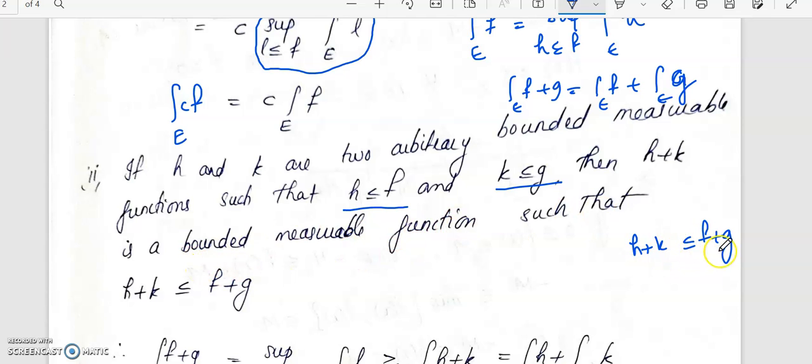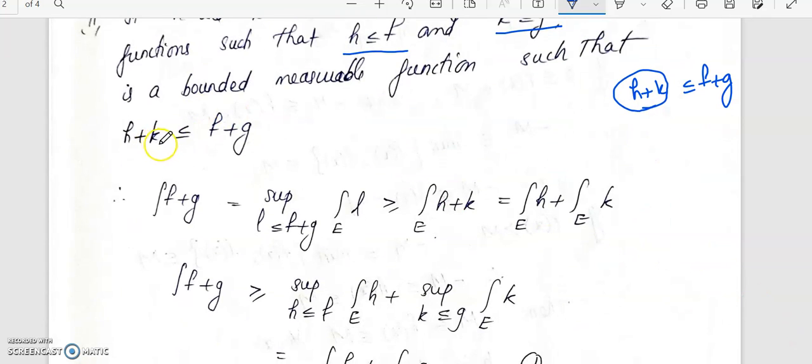So h and k are bounded measurable functions, so h plus k will be bounded measurable. Okay. So we will get h plus k less than or equal to f plus g. So by definition, integral over E f plus g will be supremum over L less than or equal to f plus g integral over E L.